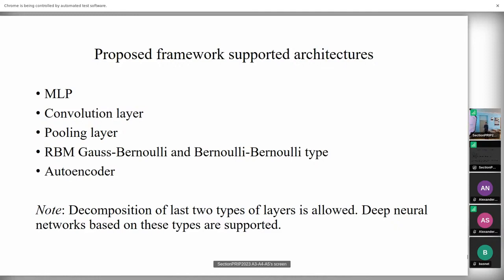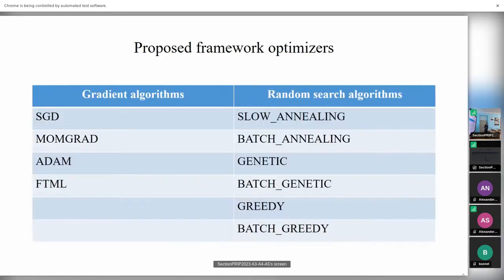Next slide, please. Okay, let's talk about optimizers in the framework. It contains the well-known stochastic gradient descent, momentum gradient, adaptive moment, and follow the moving leader, which are the most powerful training algorithms from gradient descent nowadays.